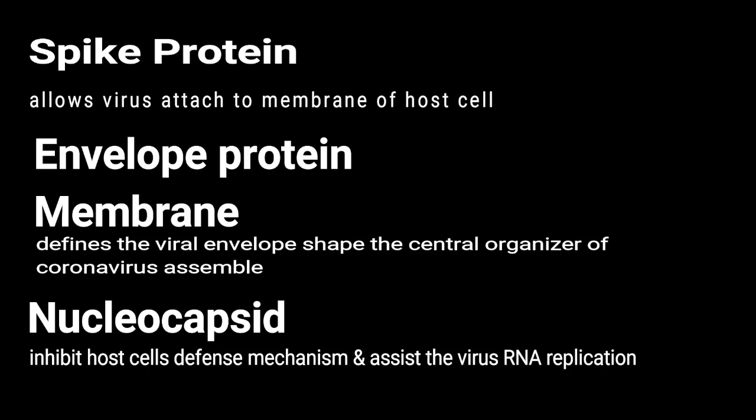M is membrane protein that defines the shape of the viral envelope and is also the central organizer of coronavirus assembly. And N is nucleocapsid that is bound to the virus's single RNA strand. N protein's function is to inhibit the host cell's defense mechanism and assist the virus RNA to replicate.